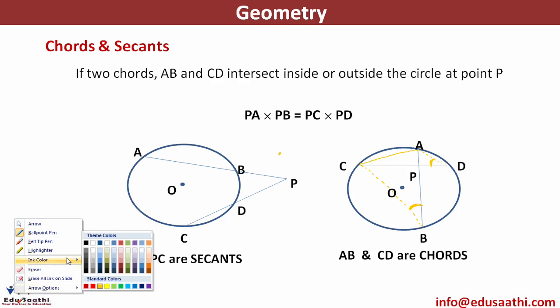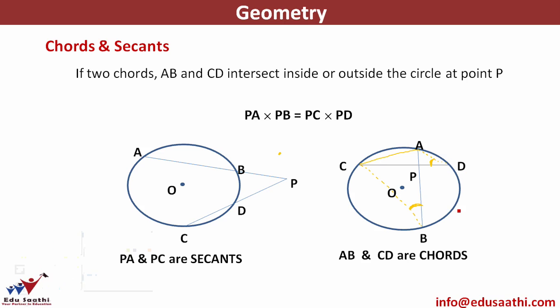Similarly, if I look at this chord BD, BD is subtending this angle at the circumference, and BD is subtending this angle at the circumference. So these two angles would also be equal, being the angles subtended by the same chord in the same segment. The third set of angles would obviously be equal because they are vertically opposite angles.